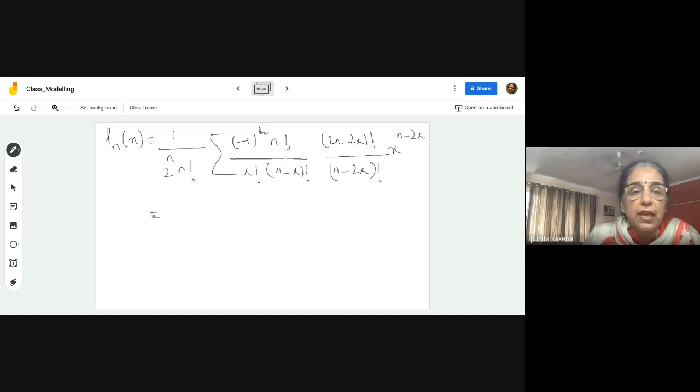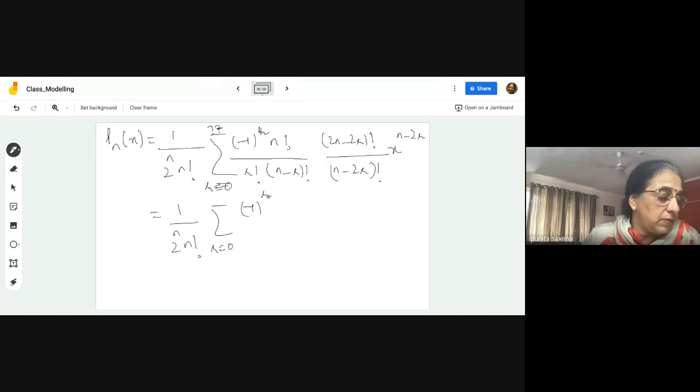I am not writing anything here because we need to study. See, this r has to vary from 0 to where? That depends. So now I'm just trying to simplify this: 1 upon 2 to the power n factorial, summation, r varying from 0, definitely. Now, what are the terms going to be? Minus 1 to the power r.